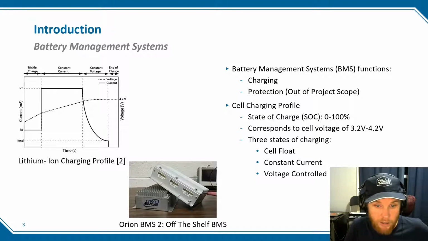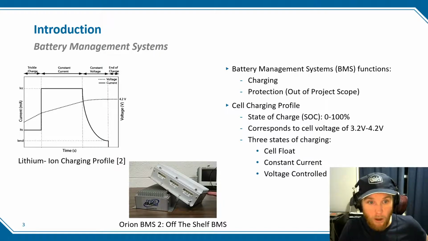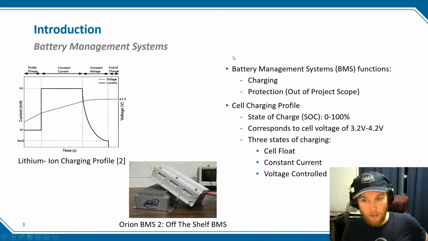So lithium-ion cells follow a very specific charging profile. You can see that on the left here. As the cells charge from 0 to 100% state of charge, or SOC, their voltage goes from 3.2 volts to 4.2 volts.